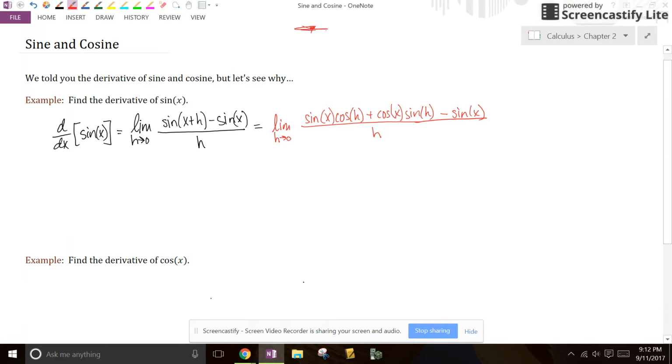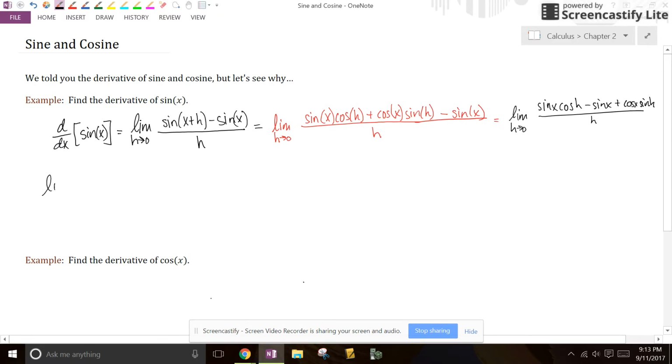Now it gets a little interesting, because there's not much to do there. The best thing I can do is see that I have a sine x and a sine x, so let's get those together so we can factor that out. So I would have the limit as h heads to 0 of sine x cosine h minus sine x, plus cosine x sine h, all over h.